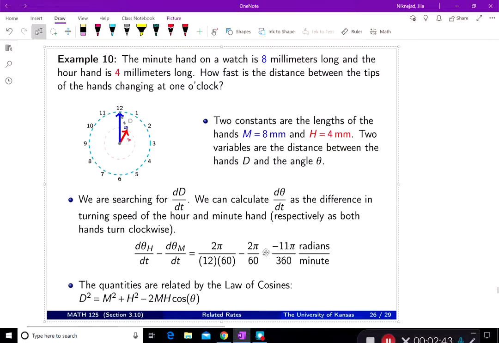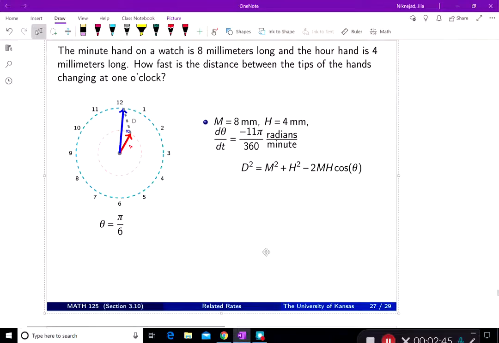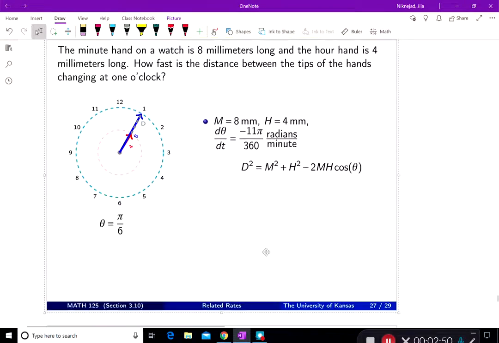And then, let's watch how the two hands are getting closer and closer to each other, and that's what is happening. But another interesting fact is that at 1 o'clock, the two hands are making basically 1/12 of a full rotation together.